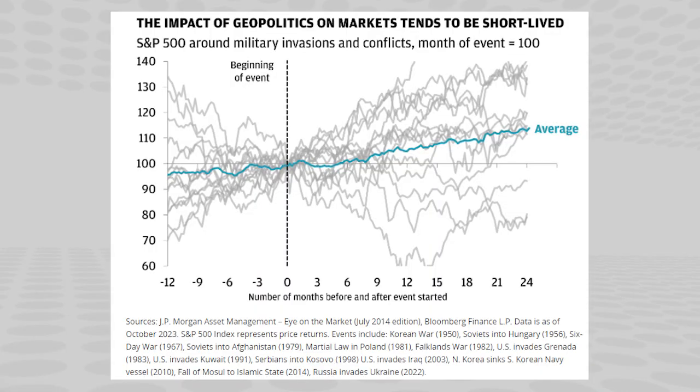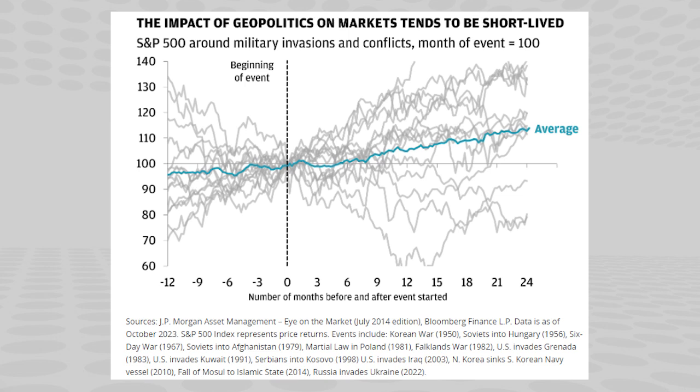So I want to go over how conflicts and war impact the markets. And the best way to do this is by looking at this chart that shows the impact of geopolitics on markets, which includes wars and invasions. Looking at the average, which can be seen in the blue line in the chart here, the average conflict causes short-term volatility, but historically the markets recover in the next 12 to 18 months.